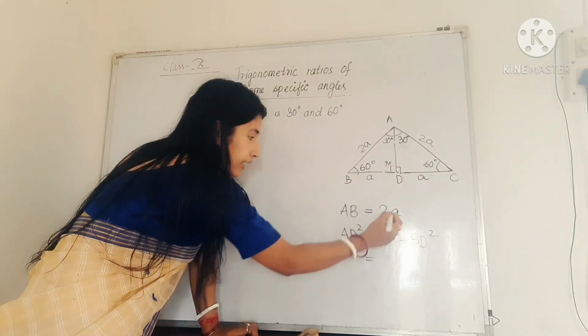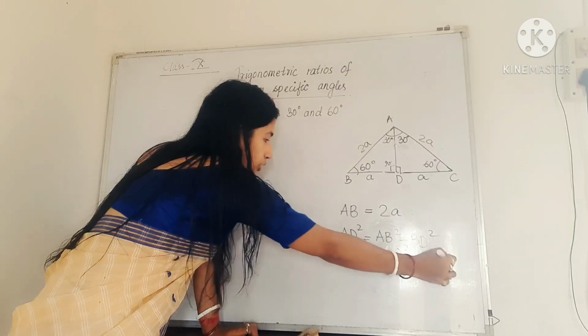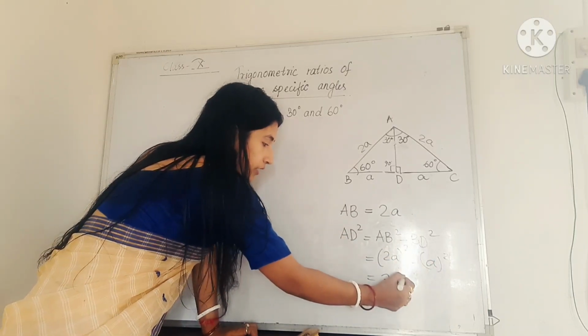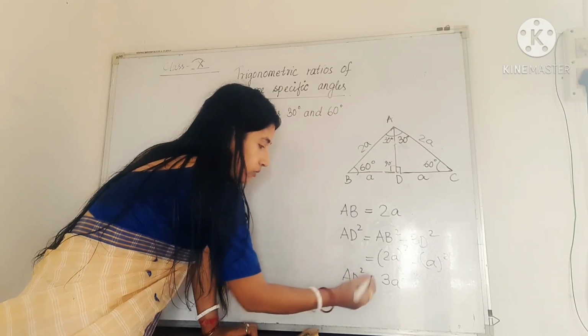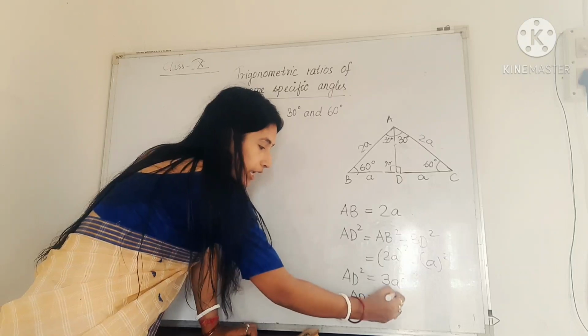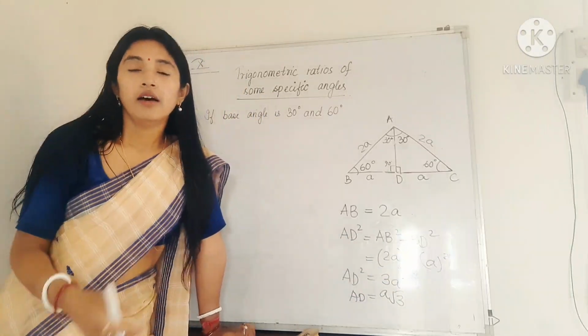So the length of AB is twice A and the length of BD is A. So finally you will get 4A square minus A square, that will be 3A square. So AD square is equal to 3A square, that means the value of AD will be what? A root 3.